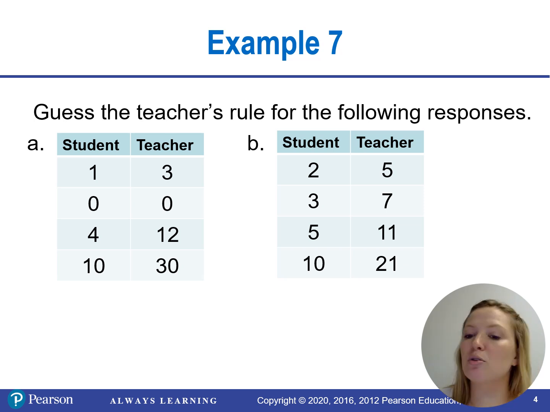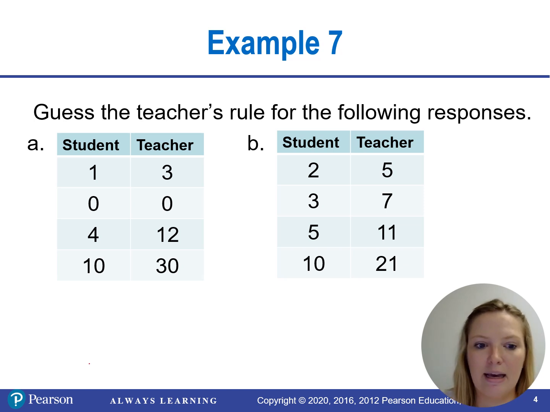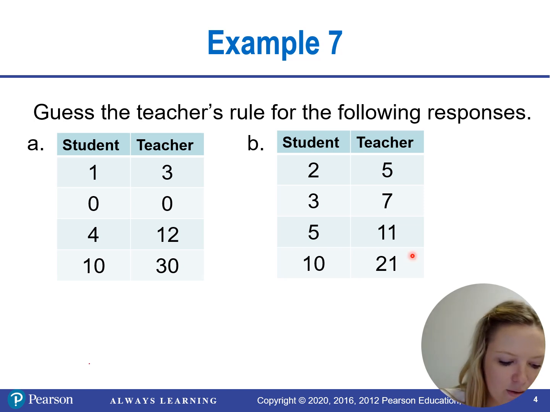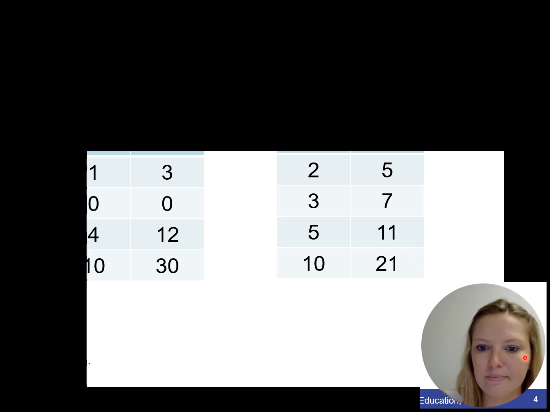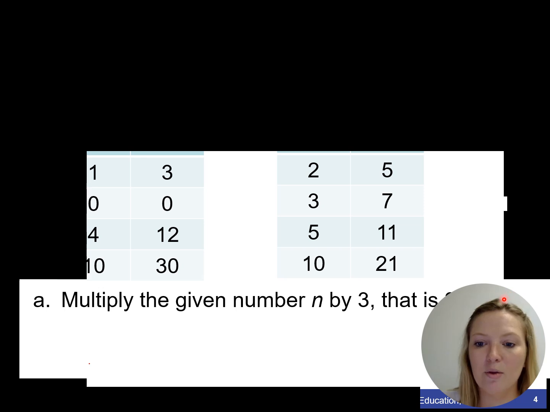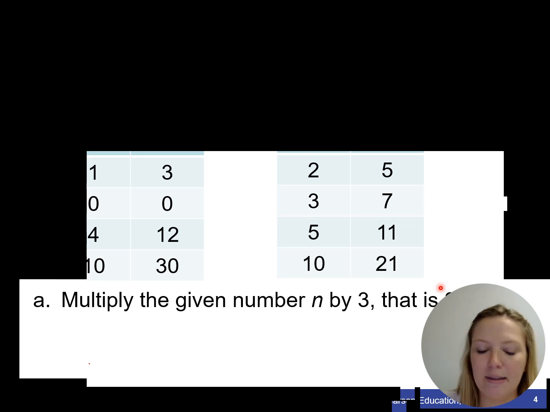So the teacher's rule in this case could be multiplying by 3. And that would give us the rule, multiply given number by 3. So 3 times n. Sorry, my video is behind there, but it does say 3n.